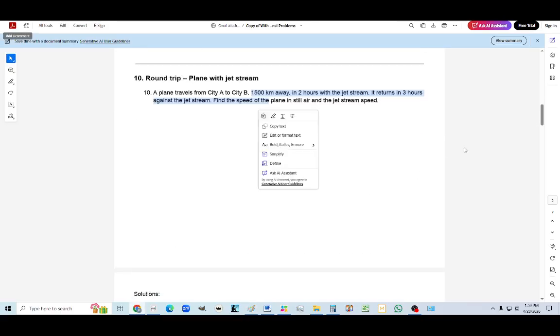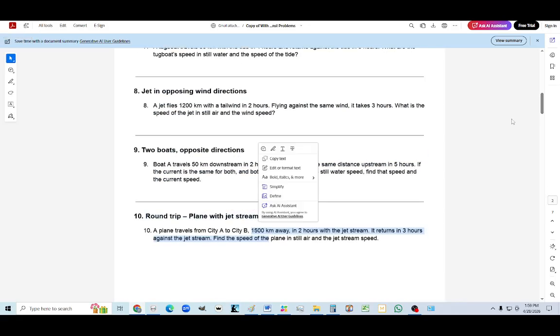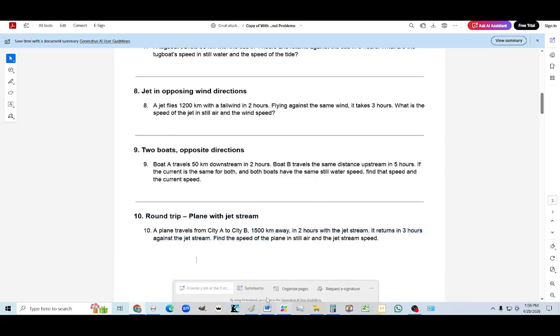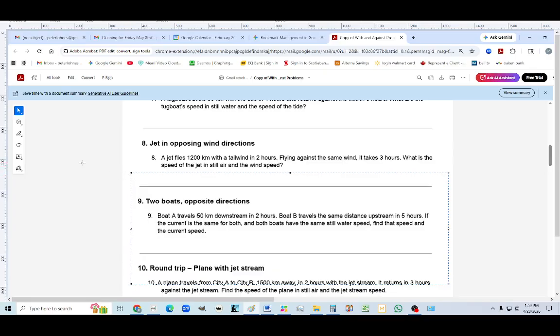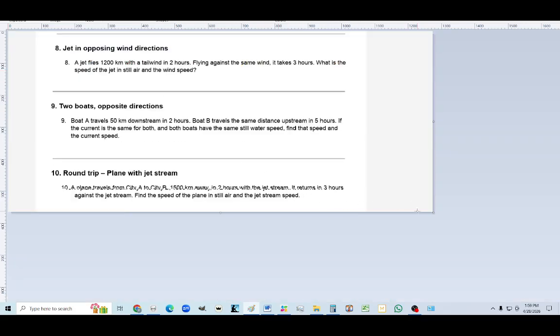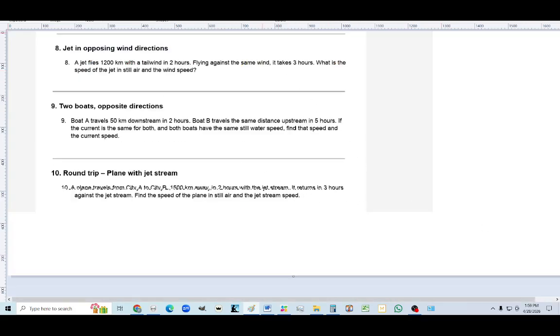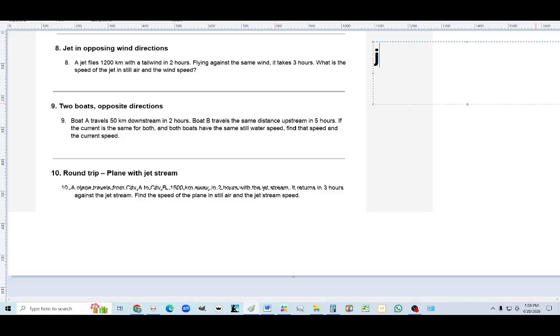So the last two, I'm just going to give you the equations. Oh yeah, we didn't do the jet. I'm just going to do the 3 equations for them. So again, it's always jet plus wind and jet against the wind.